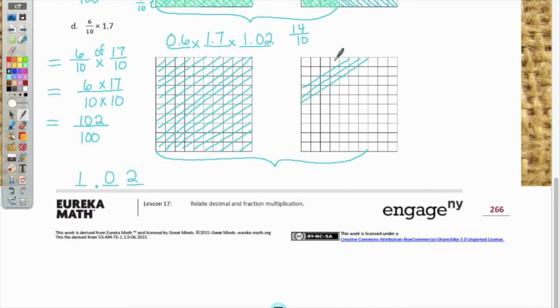What did I forget to write below my bracket? The fraction. What fraction do I need? 17/10. Very good. And it's 6/10 of 17/10. So on the side, how many do I need? 6. Count carefully.